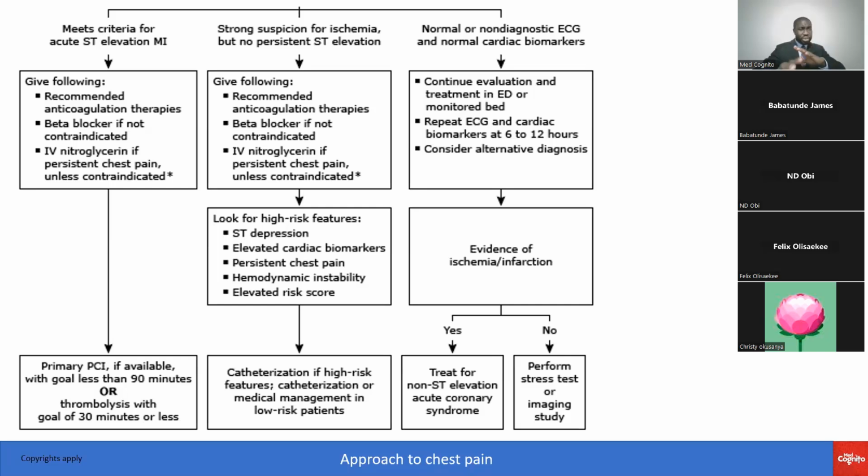If you're not very sure, you think this patient should have an acute myocardial infarction, but the first ECG does not show anything, don't throw your hands into the air. Repeat the ECG within 15 minutes. While you're trying to repeat it, you're managing the chest pain with all the medications you can use, including your nitrates, if the patient does not have any contraindications, and then you want to get a cardiologist involved.